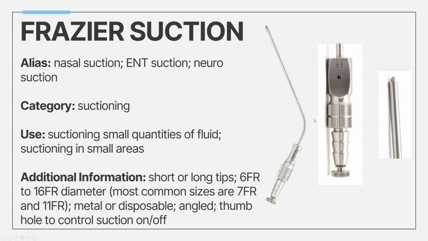And the most common sizes are actually 7 French and 11 French. And typically these ones actually come with what we call sheaths. These sheaths here. There's a sheath inside this. It's not always required though. You just have to ensure that when you're building trays, you follow the recipe.